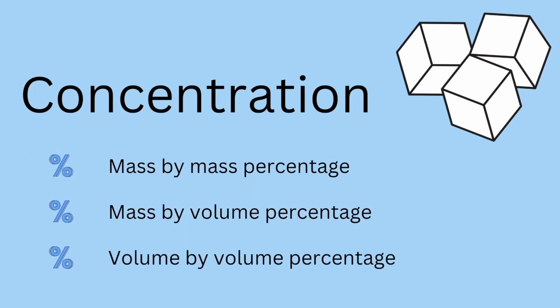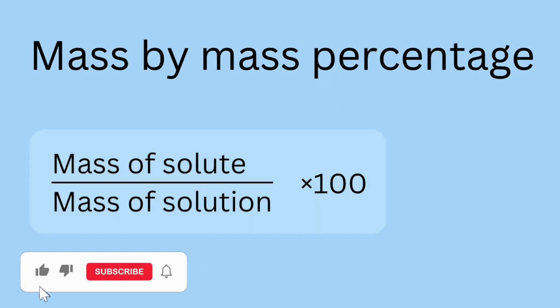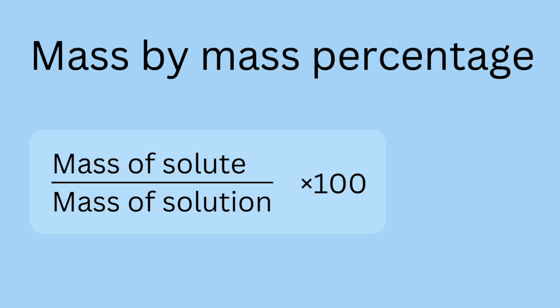Now, to measure concentration, there are three ways. One is mass by mass percentage, the second is mass by volume percentage, and the third is volume by volume percentage. The first one is mass by mass percentage. The formula is mass of solute by mass of solution into 100.